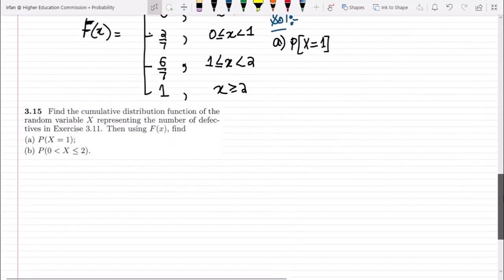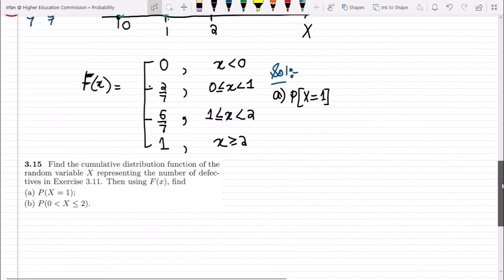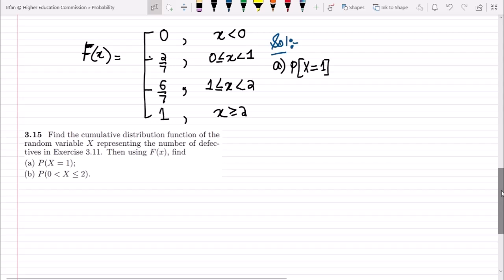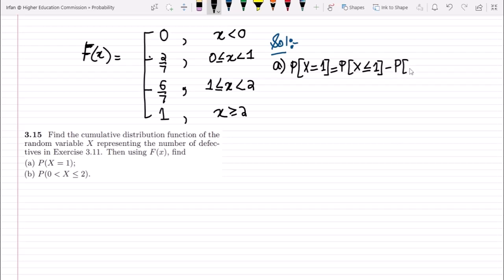In order to do so, I have to write the probability of X less than or equal to 1 minus the probability of X less than 0.